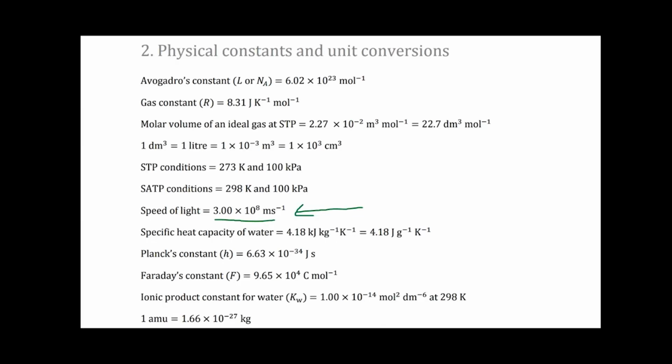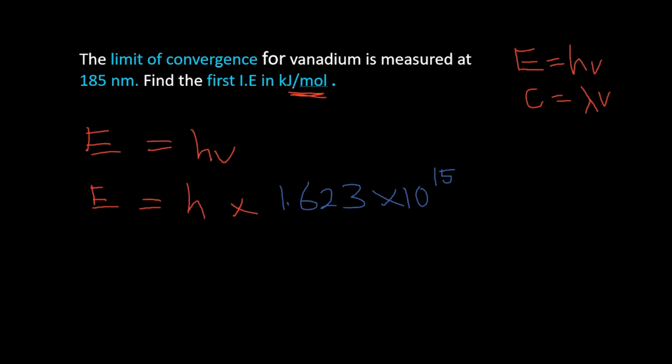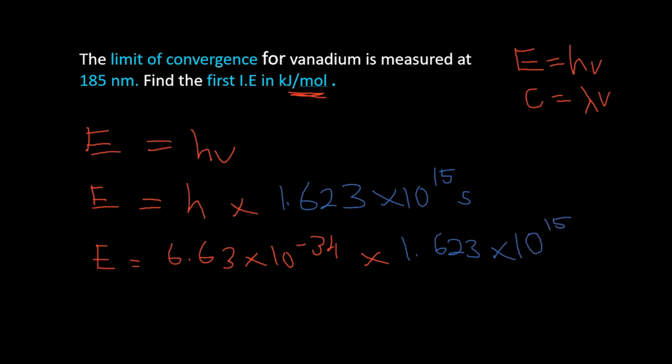And we know Planck's constant is in the data booklet, right there, in joule seconds. Don't forget seconds. Energy equals 6.63 times 10 to the power minus 34 times 1.623 times 10 to the power 15.